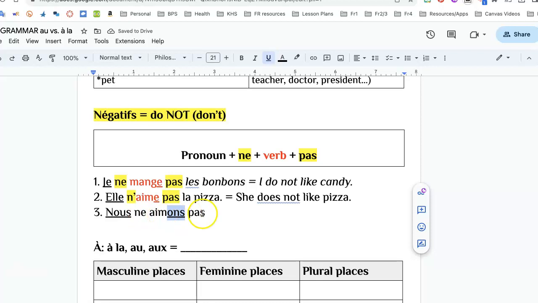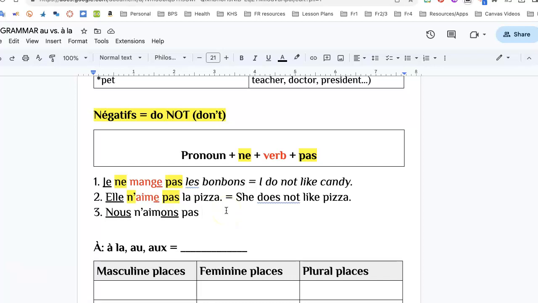Nous ne aimons pas, uh-oh, something's wrong here. Nous ne aimons, vowel, hopefully we're going to do that. Nous n'aimons pas. Now it's just like in English. We do not like, and then to play.